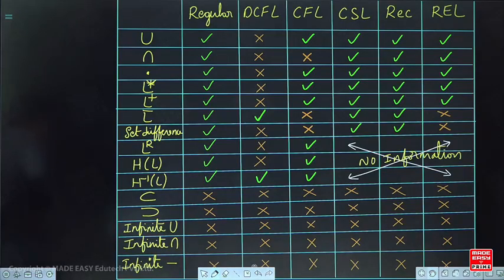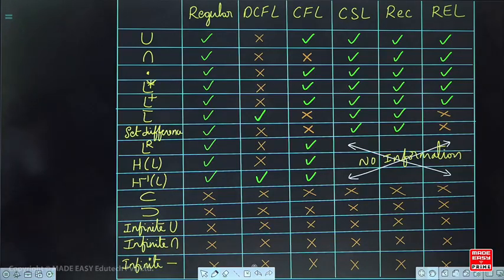Not REC means it is RE or non-RE. Intersection RE, how can it be REC? Not REC, intersection RE. You are saying about level. Above level, how can it be?